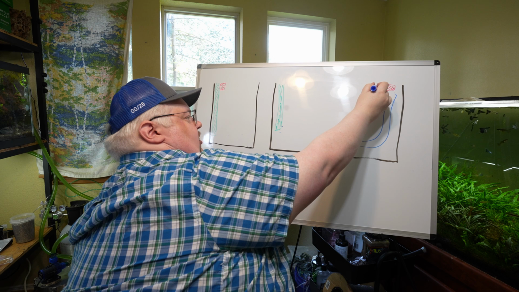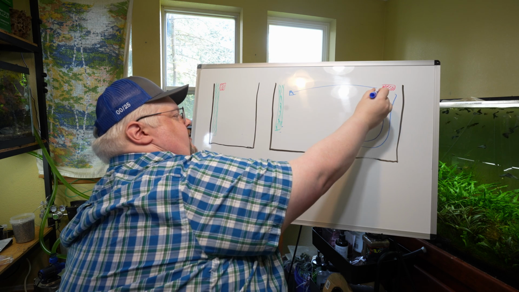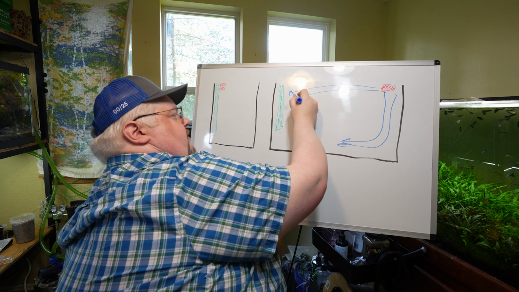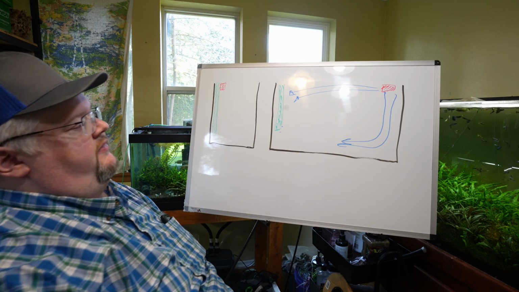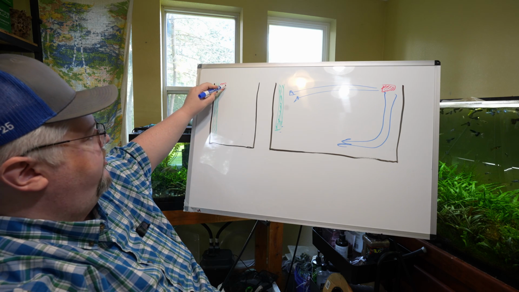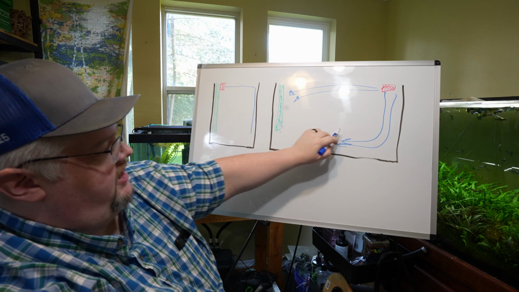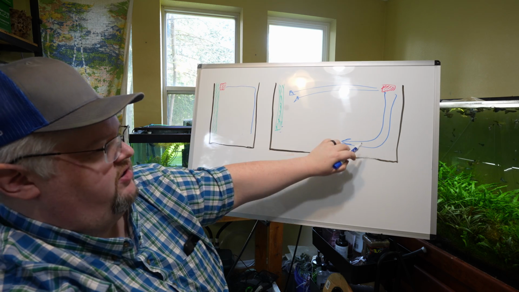But then we've also got water flow going this way. So you end up with kind of the best of both worlds, because you have a lot of water flow that's going directly to your glass, deflecting down and helping to hit these lower areas back here.